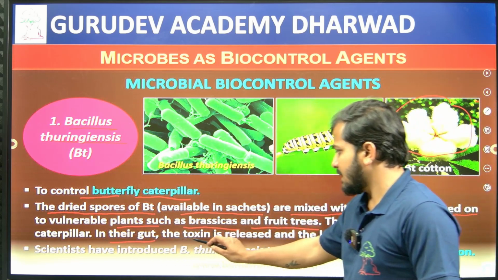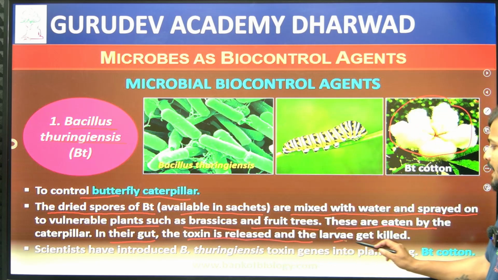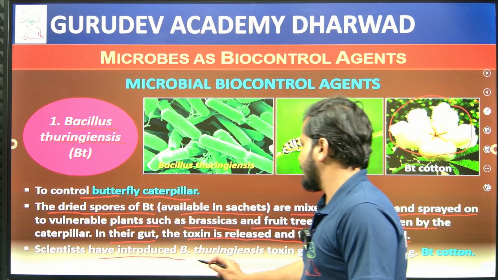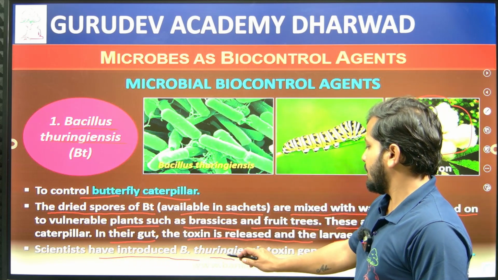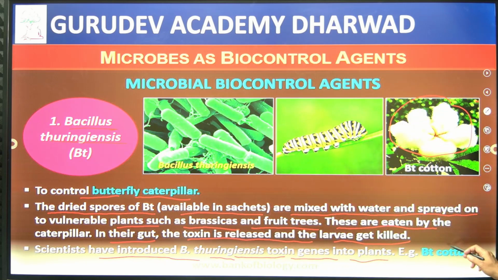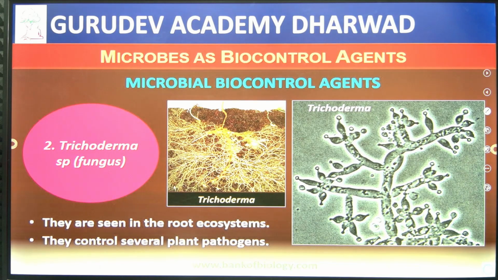In their gut the toxin is released and the larvae get killed. That is how Bacillus thuringiensis acts. Scientists have introduced the BT toxin gene into the plant, and formed what is called BT cotton. BT stands for Bacillus thuringiensis cotton.